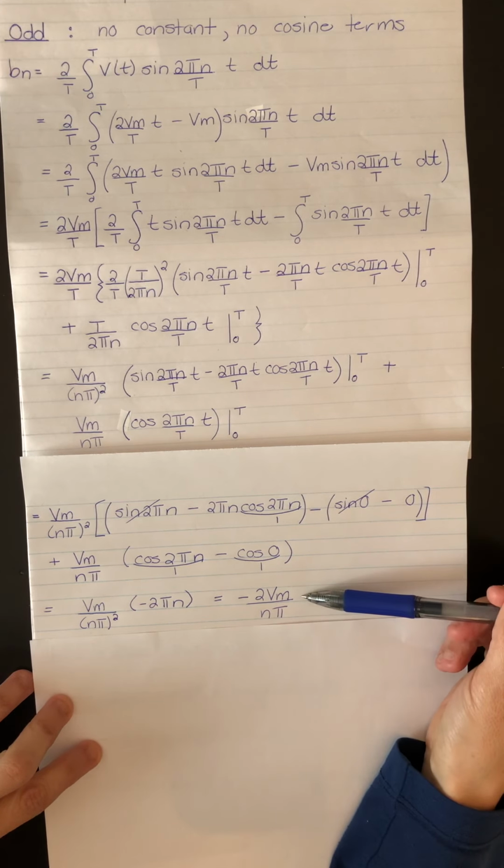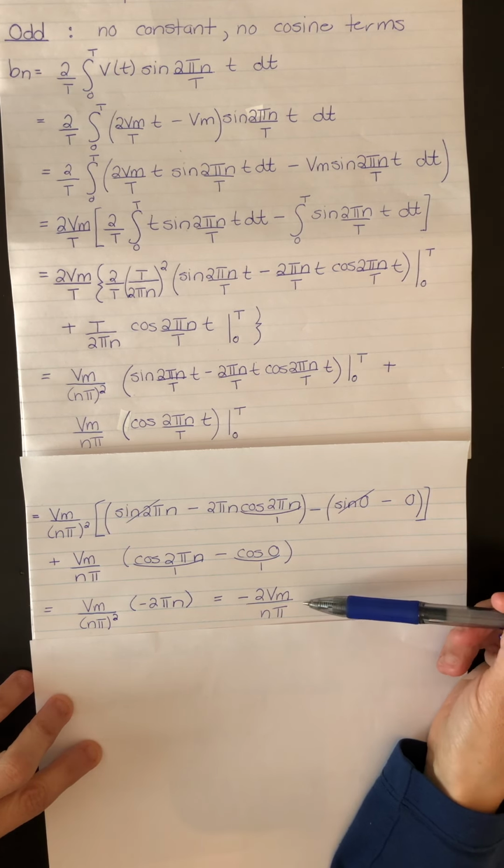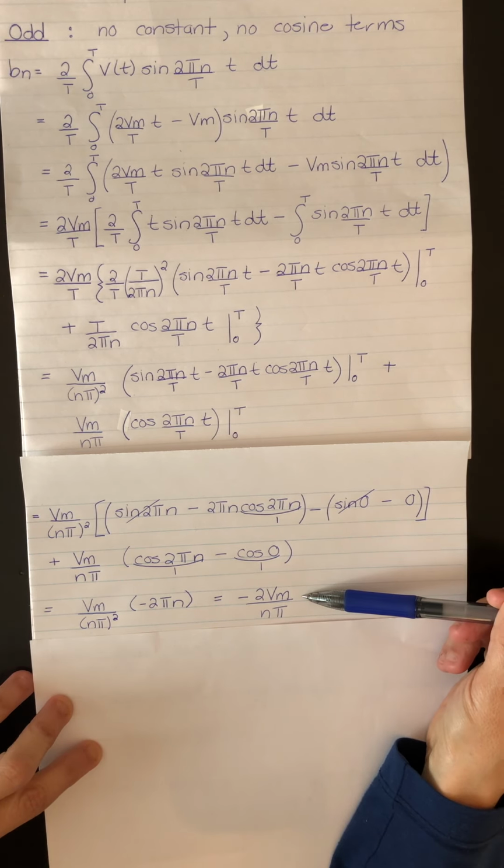So this is the expression for bn. Remember, what we're trying to calculate is bn. That was what we started with, that formula. So this is the general bn expression.